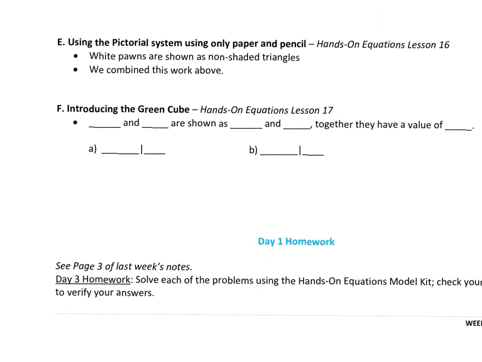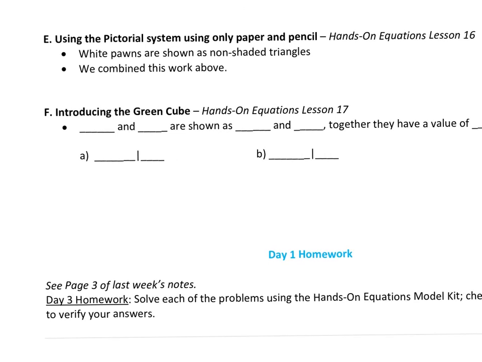So we've gone ahead and done these white pawns, and we've been working with them by drawing them instead of waiting until now. And the next thing we do in this system is to introduce the green cube. And we know that 3 and negative 3 are shown as 3 is a box, negative 3 is a circle, and there's no negative sign. It's just a circle.